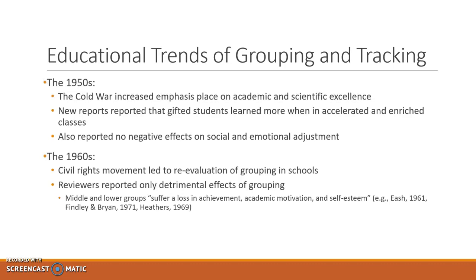In the 1960s, we had the civil rights movement, which led to the reevaluation of groupings in schools, and the reviews of grouping at this time were reported as being very detrimental. They didn't find any positive effects of grouping. In the text, it even said that middle and lower groups suffer a loss in achievement, academic motivation, and self-esteem when in academic groups.